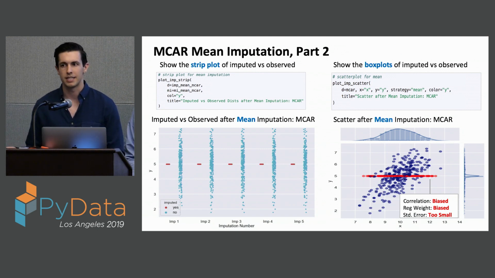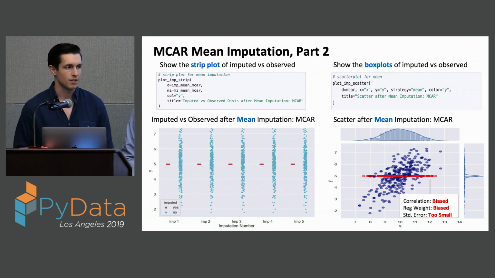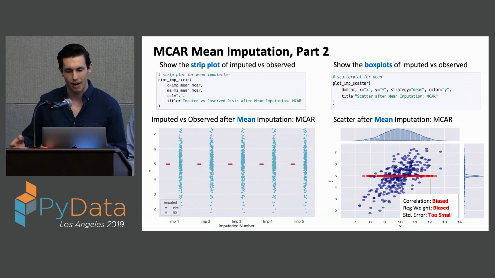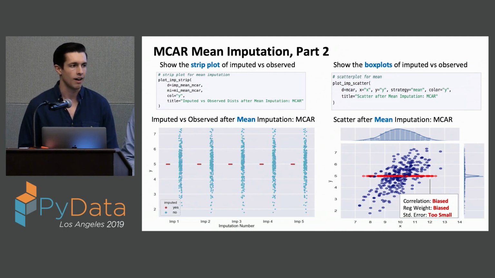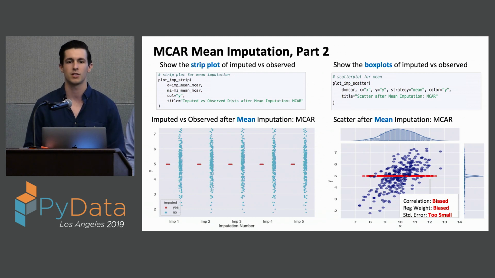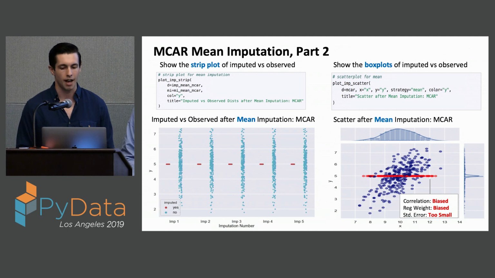On the right, we can see how mean imputation will distort the correlation between X and Y, and as a result will distort or bias any regression weights and standard error estimates. One thing to note, which we'll see in the regression analysis, is that this is pooled standard error. When we do multiple imputation, we need to take into account the variance that occurs between each imputation round, as well as the normal standard error that occurs within a regular regression.